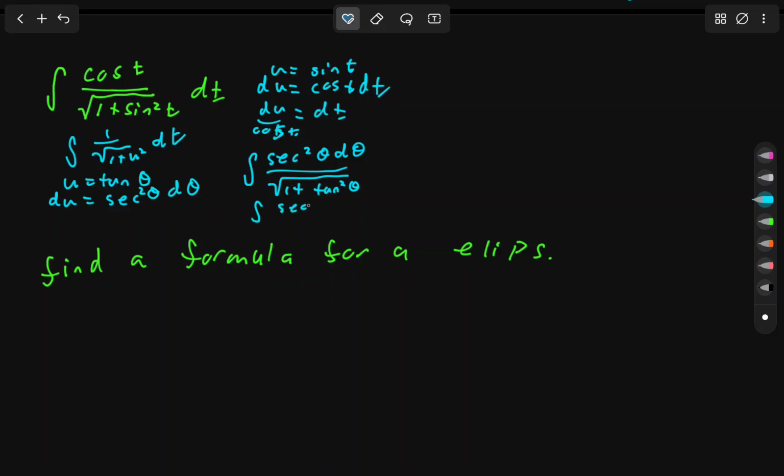So this becomes secant squared of theta divided by secant of theta d theta. Well, one of the secants will cancel the square root. So this just becomes the integral of secant of theta d theta.